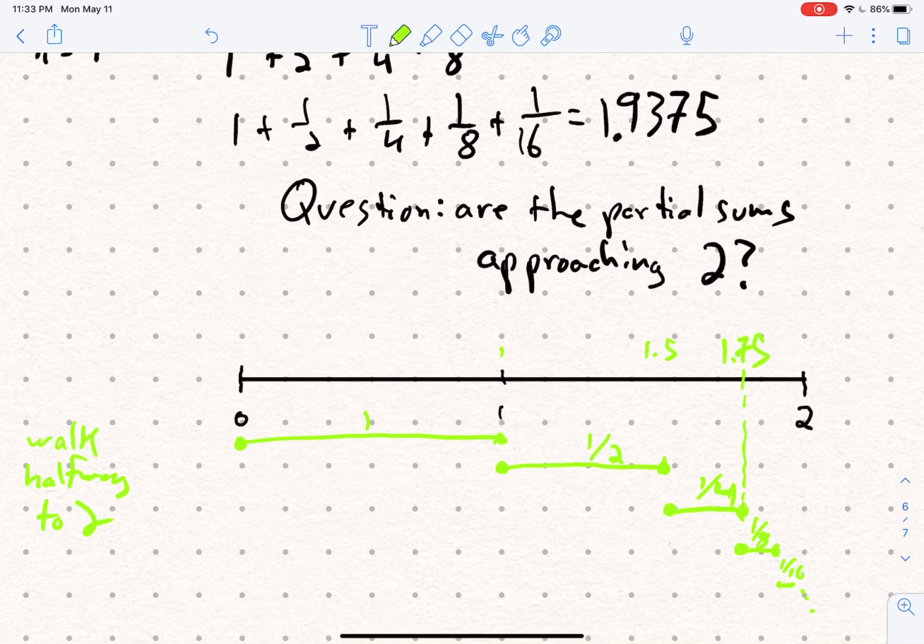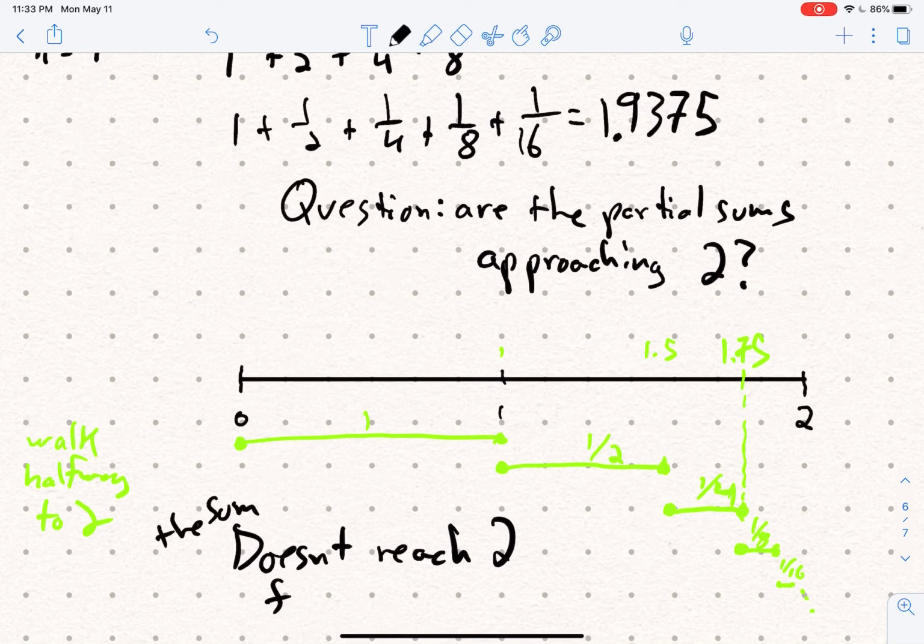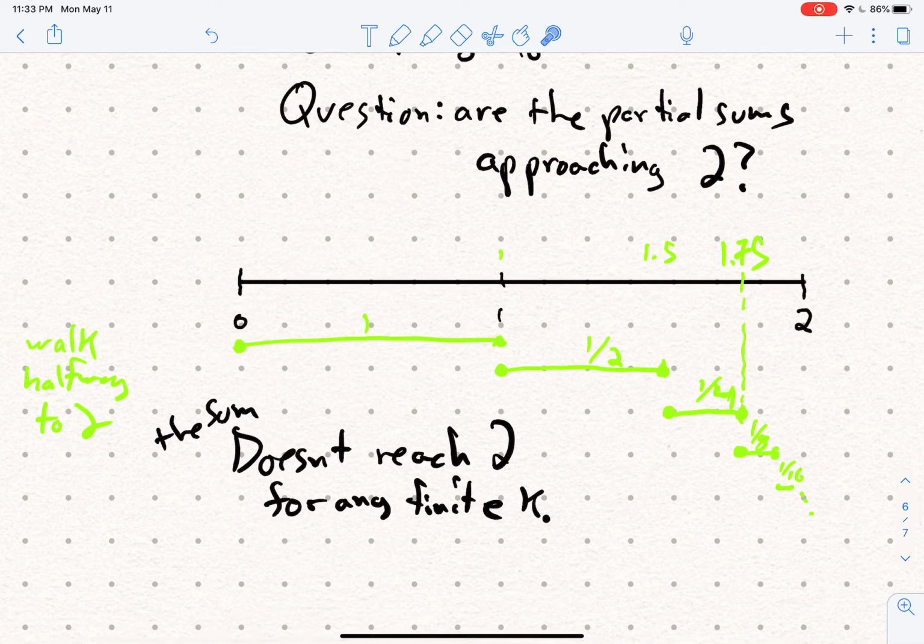So observations, it doesn't reach 2. The sum, that's what we're looking at. The sum doesn't reach 2 for any finite k. But if we look at how far away from 2 we are, the distance away from 2 is getting smaller and smaller and smaller.